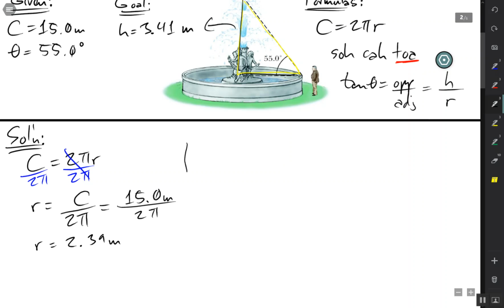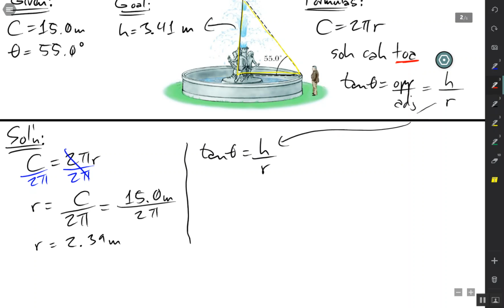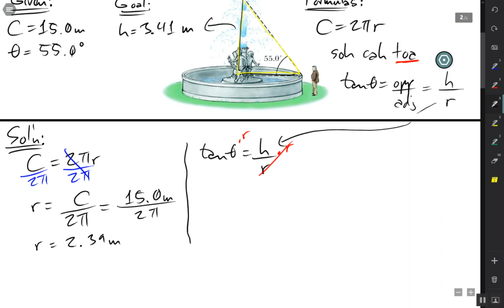Then the next part is our tangent, which we already determined to be h over r from up there. And so to solve for the height, which is our goal, we need to multiply both sides by r. And take note, r is not inside the tangent. Tangent is its own function itself.